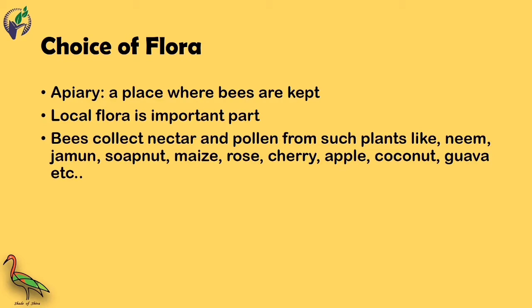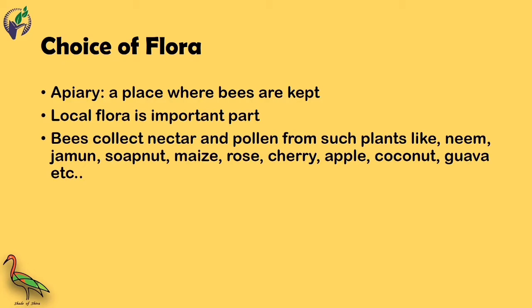Honeybees produce honey from nectar and pollen. They collect nectar from plants like neem, jamun, soapnut, maize, rose, cherry, apple, coconut, guava, etc. From all these plants they collect nectar and pollen.